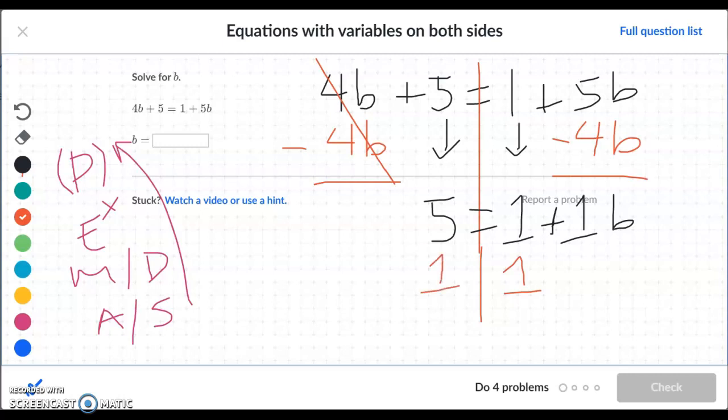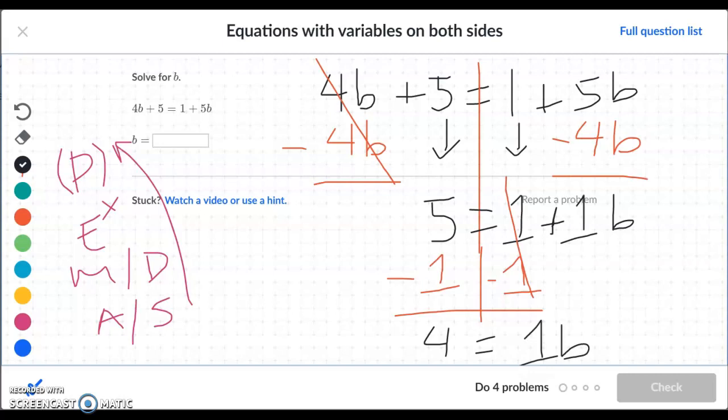I'm going to subtract the 1 from both sides because the 1 was positive. That's, again, the only thing that will make it 0. So 1 minus 1 is 0. They cancel out. Now I can think, okay, 5 minus 1 is 4. 4 equals 1b.